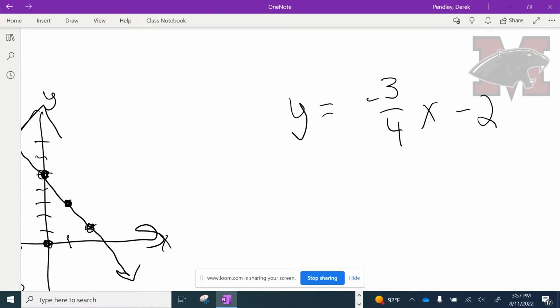Again, the slope is given in the formula, negative 3/4. Which, remember, another way of writing that is positive 3 over negative 4. It doesn't matter whether you put the negative in the numerator or denominator, but remember, only put it in one spot. And then the y-intercept is negative 2.